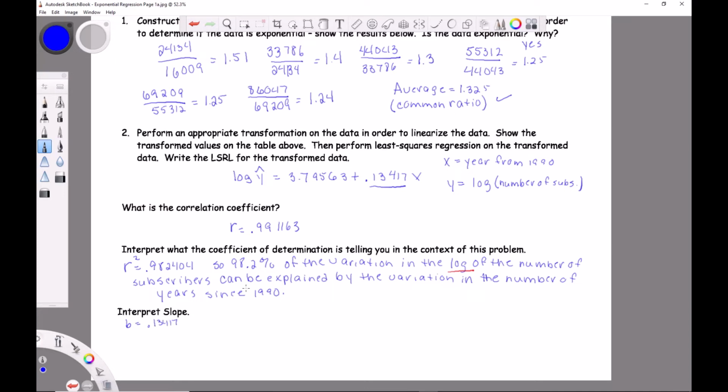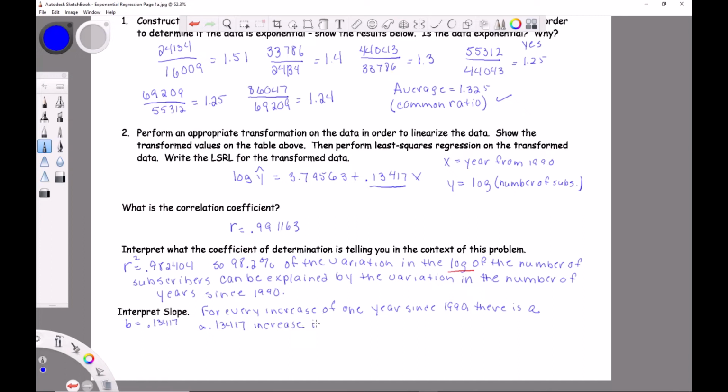And so we can say for every increase of 1 year since 1990, there is a 0.13417 increase, because it's a positive slope, in the log.